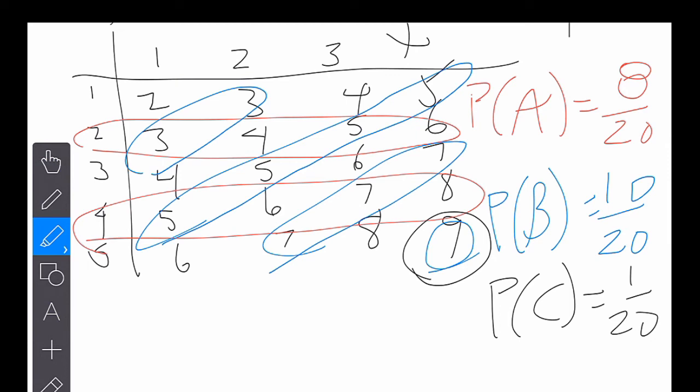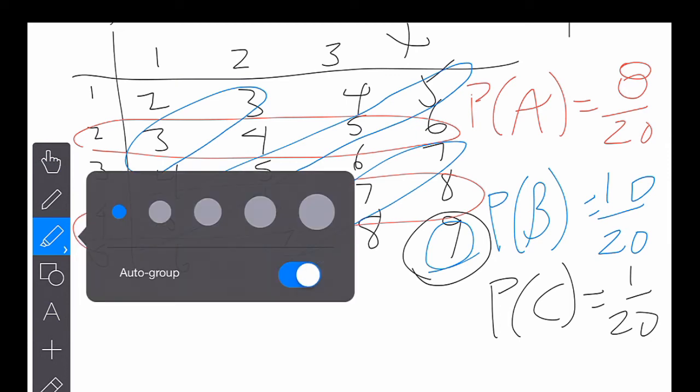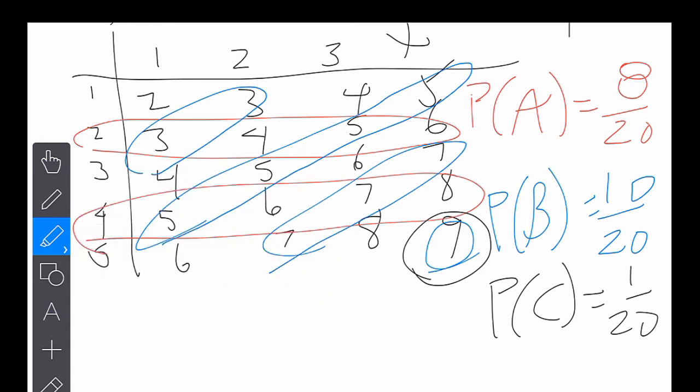So is it ever the case that you see red and blue, the colors? Well, yeah, right here, right here, right here, right here. Those are intersecting events. So let's put a square around them in red.